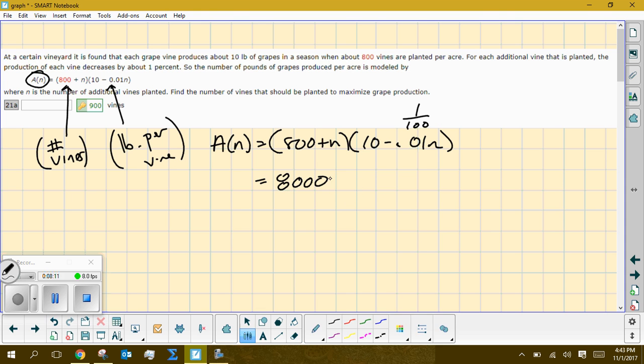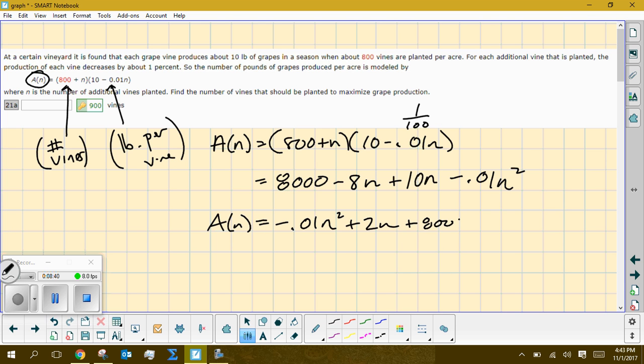That's negative, so minus 8n. Then I get positive 10n. And then when I multiply last times last, I get negative 0.01 n squared. So my formula here, A of n, is equal to negative 0.01 n squared plus 2n plus 8,000.